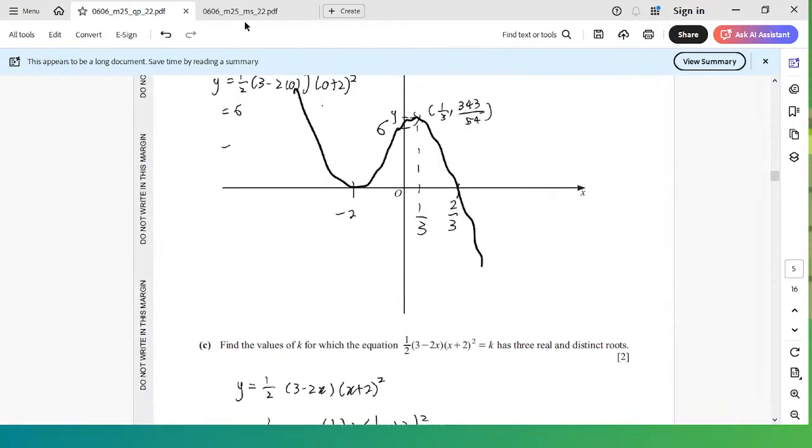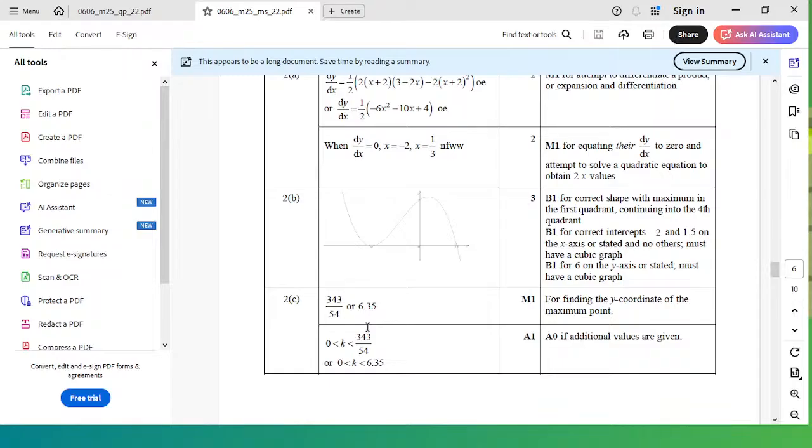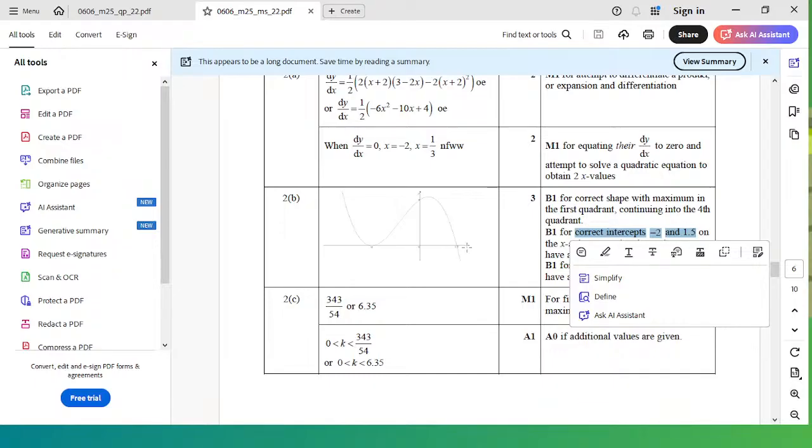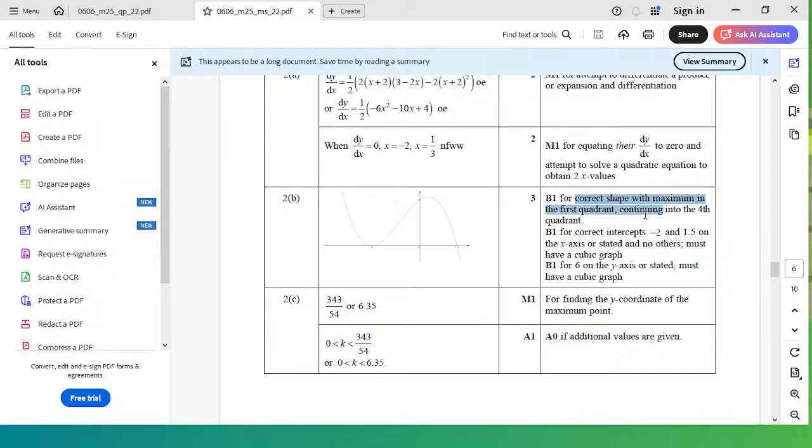And then the next graph. I should obviously lose the graph marks on the curve, but I'm going to state that if this was a normal graph on a normal piece of paper, I'd definitely get it. Here you can see it's done for correct intercepts, -2 and 1.5, the 2 x-intercepts, correct shape, maximum in the first quadrant, continuing to the fourth quadrant. I don't like the terms first quadrant and fourth quadrant. The maximum should be over here, and the minimum should be on the tangent.